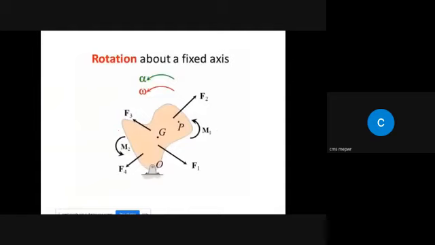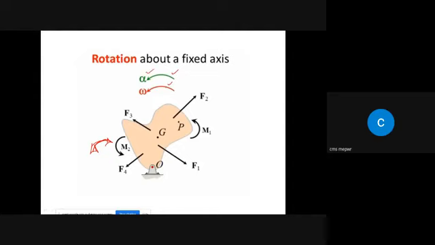Okay, so over here, this is a case. This rigid body is pinned at point O. So the effect of the applied force is that it can make this object rotate in this direction or in this direction. What they have shown over here is that the rotation or angular motion in the counterclockwise direction is positive.